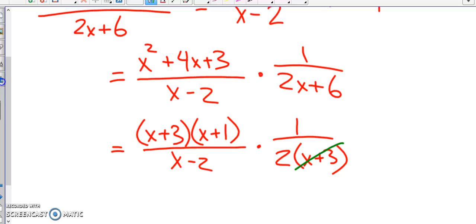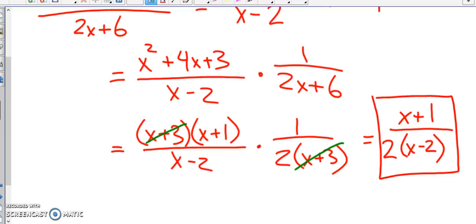The x plus 3's cancel. So I'll end up with x plus 1 over 2 times x minus 2, or x minus 2 times 2. It really doesn't matter. Notice that everything's factored and nothing else cancels, so this is my answer right here.